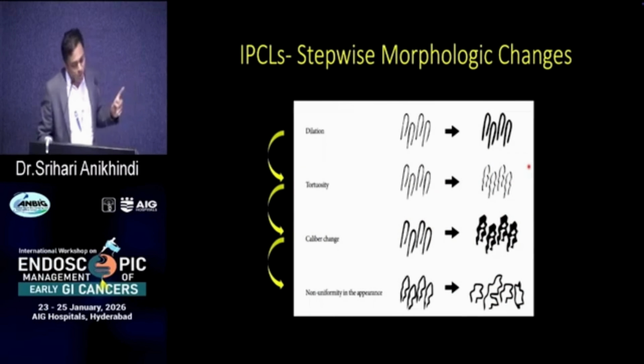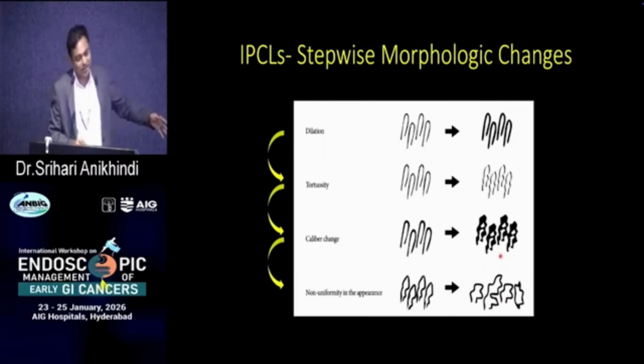What is more important to understand is that as the lesions progress, you go from dilatation of the IPCL patterns to more tortuosity, to more change of caliber, to change into a non-uniform structure. This is the hierarchy of grades that you're looking out for. The highest grade would be a non-uniformity in the structure.